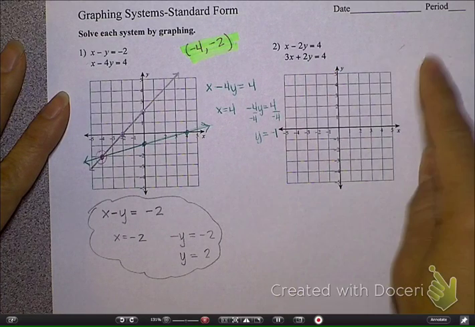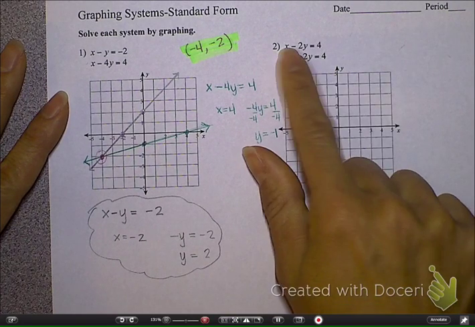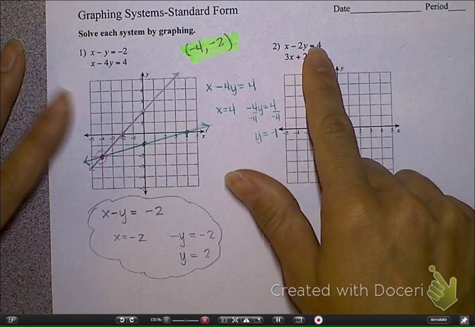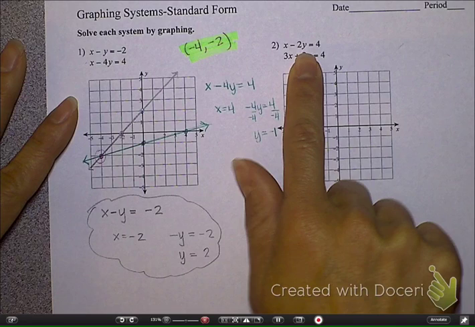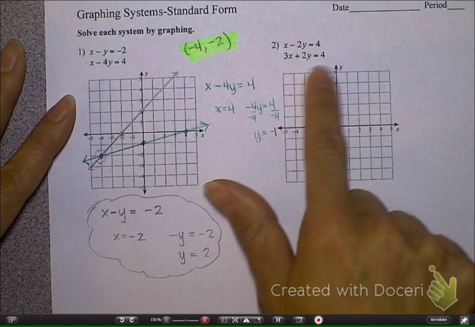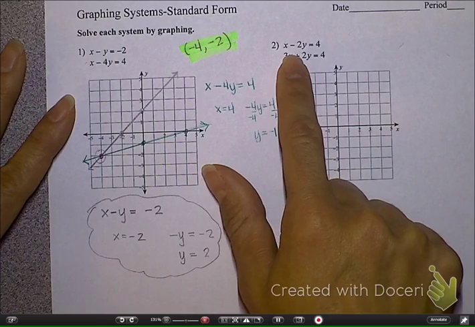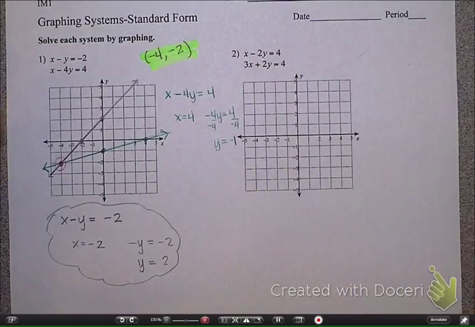So I'm going to show you a slightly different method in this one. The equation that's easy to cover up and solve to find the intercept, I'll do that way. But for this second equation, because I get a fraction when I cover and solve, I'm going to show you how to solve it for y and then graph it.